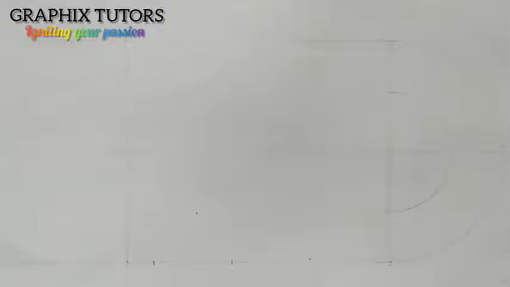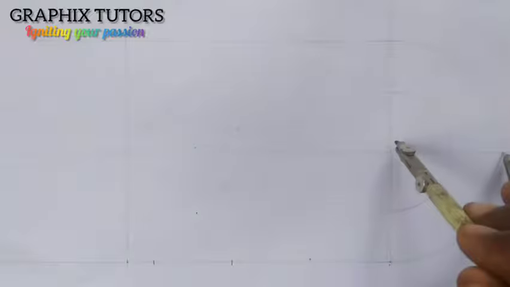Now the next thing I'll do is I will draw vertical lines. Before the vertical lines, I will divide here into what? Into 12. So if I divide it into 12, I'll take my compass, I'll place it at this end here. You see my compass at this end, and take it to the center here.